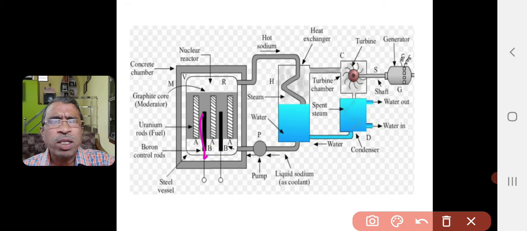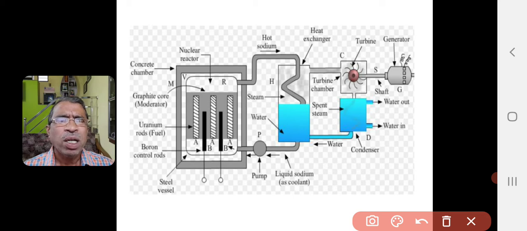The black ones are the control rods, which are made up of boron. Now the reactor core is inside a steel vessel, and in this vessel all these things are there.